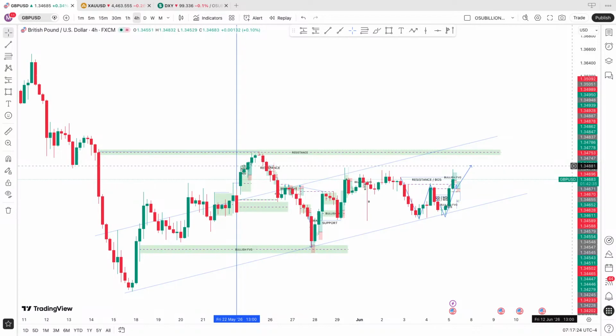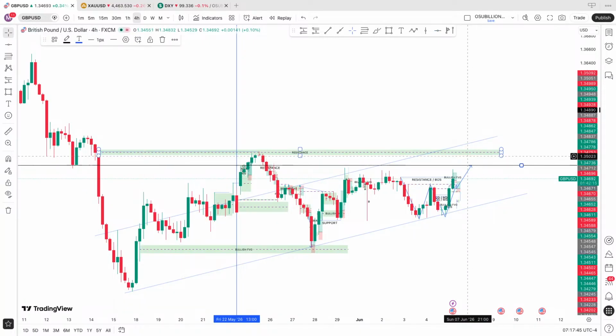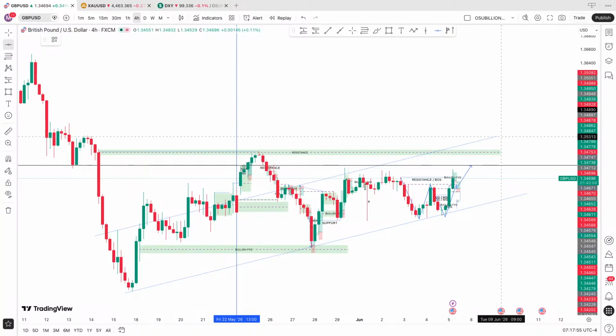And on a higher time frame, I have three marks that I'm looking out for. The first is here, which is 1.34885, and then I am also looking at the fact that it could bring us to this zone, which is 1.35083.